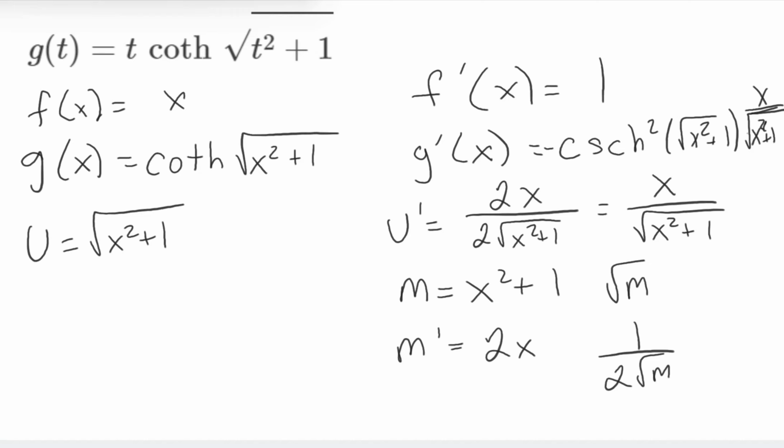Then we can plug that back in for g of x. So it's the derivative of cotangent, which is cosecant squared of u, which is that, times the derivative of u. We can't cancel out the square root of x squared plus 1, because 1 is inside of the cosecant and 1 is outside of the cosecant.